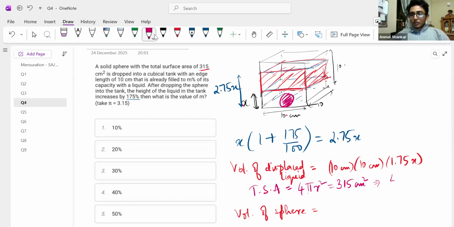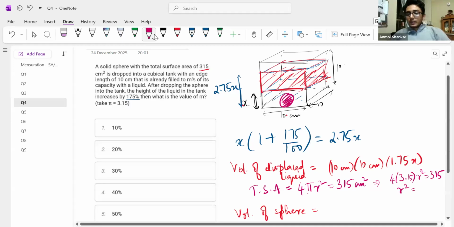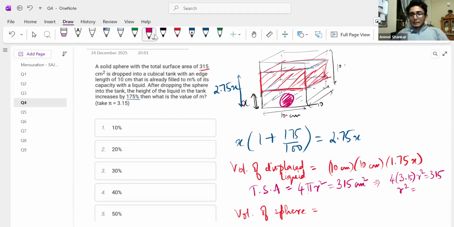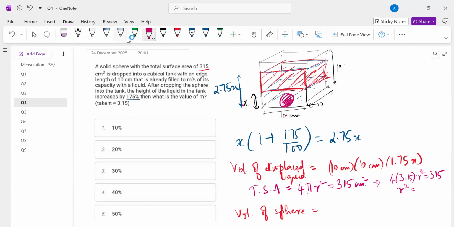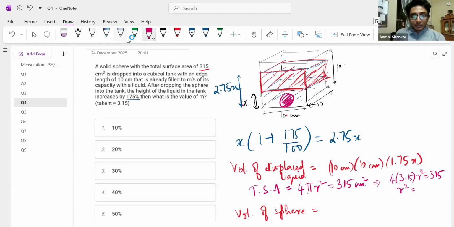So 4 into 3.15, r square is equal to 315. R square is equal to what? R is equal to 5, sir. R is equal to 5.